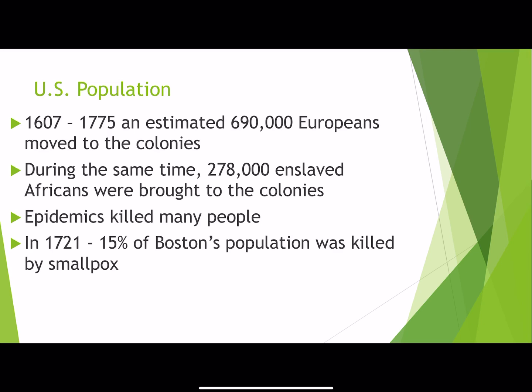Epidemics killed many people. As illnesses and diseases spread through the colonies, it killed a lot of people. Native Americans were not immune to these diseases, so a lot of them had no way to fight them off. And in 1721, 15% of Boston's population was killed by smallpox.